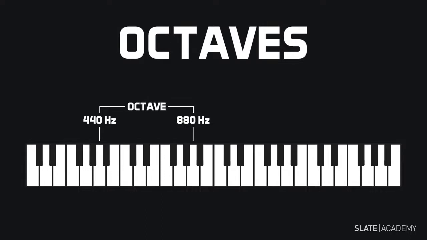So the next A on the keyboard has a fundamental frequency of 880 Hz times 2, or 1760 Hz. So we know that the octave up of a frequency is 2 times what that frequency is. An octave down is 1/2 of that frequency. This is how we determine the slope of filters.